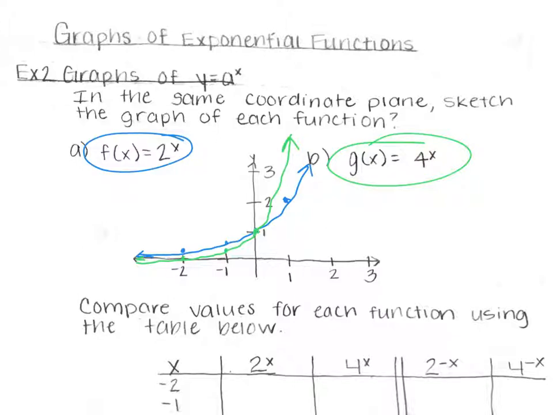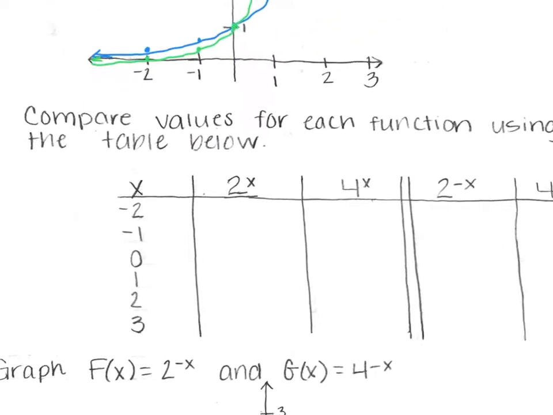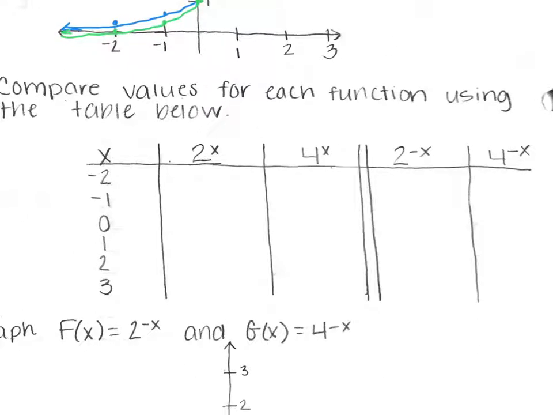So here we're going to compare values for each function using this table. And I'm going to keep the colors kind of going here. So we'll start with 2 to the x.